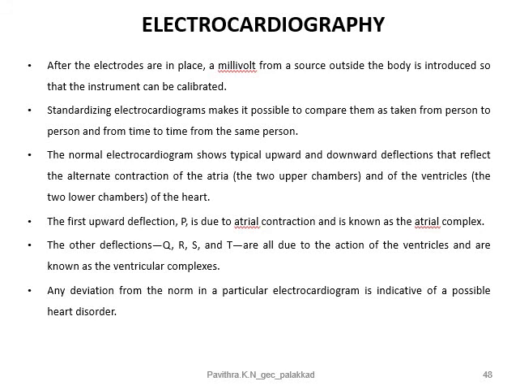The first upward deflection P is due to atrial contraction and is known as the atrial complex, and the other deflections Q, R, S and T are all due to the action of the ventricles and are known as ventricular complexes. Any deviation from the normal electrocardiogram is indicative of a possible heart disorder. So these are the basics of electrocardiography and the electroconduction system of the heart. In the next session, let us discuss the electrodes and leads.